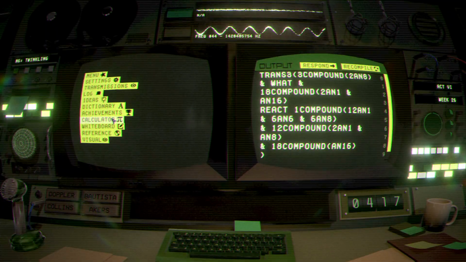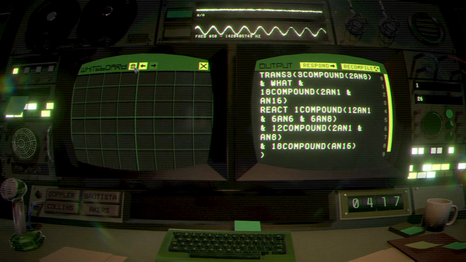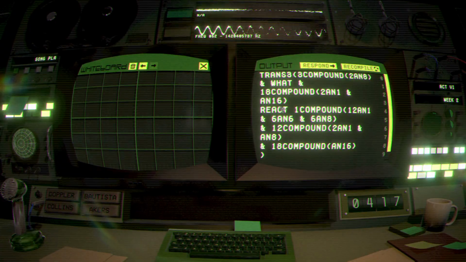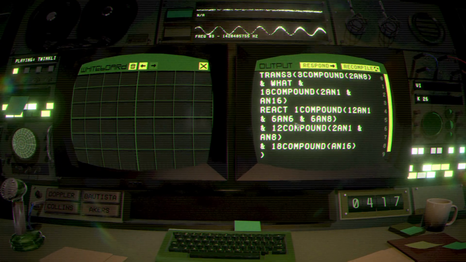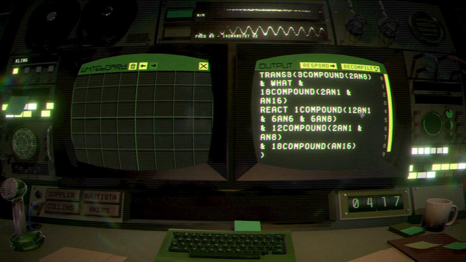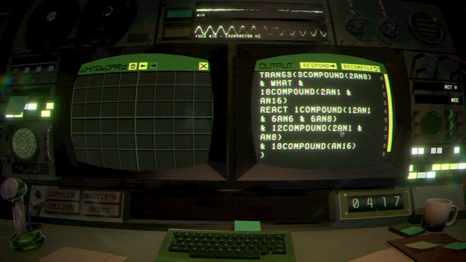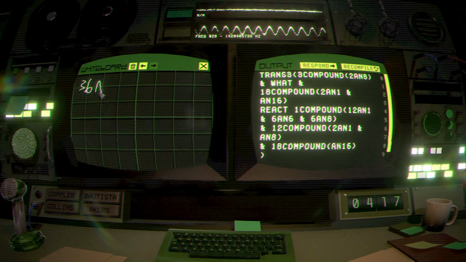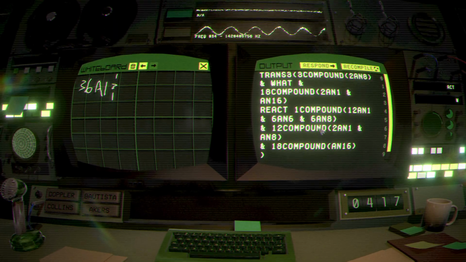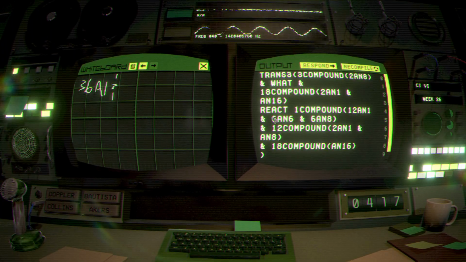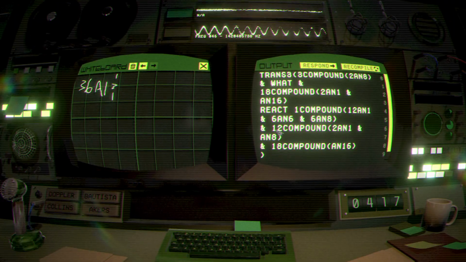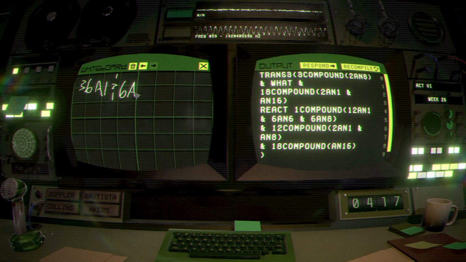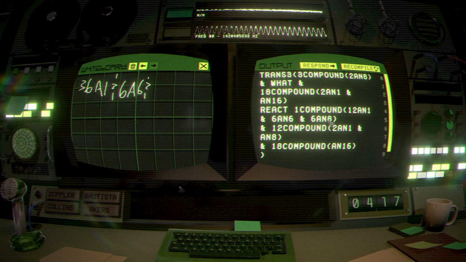The freaking big one. Go back to the whiteboard. Let's work from bottom to top, I guess. How many AN1s do we have first off? 12 AN1s plus 12 times 2, 4 AN1. 36 AN1. And then we have 6 AN6. 6.